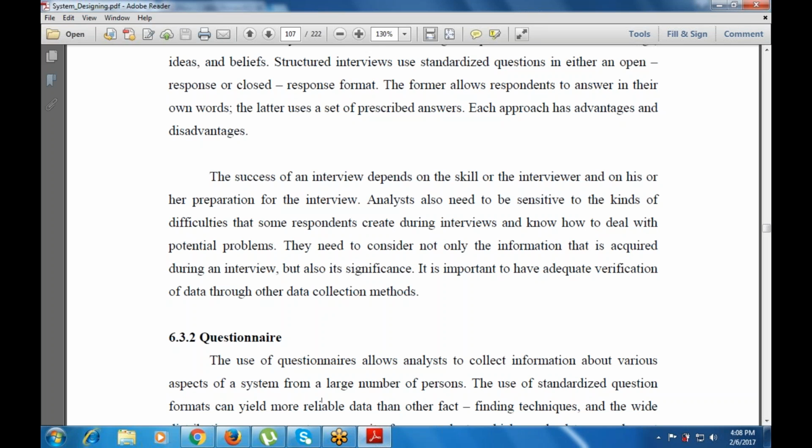Whatever the methods, the data must be available along with its significance.